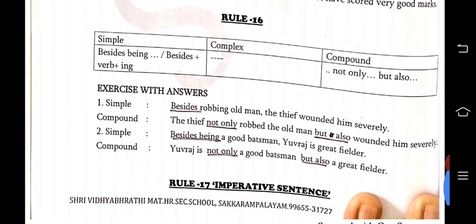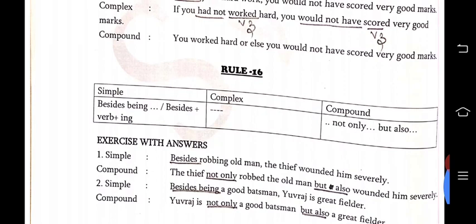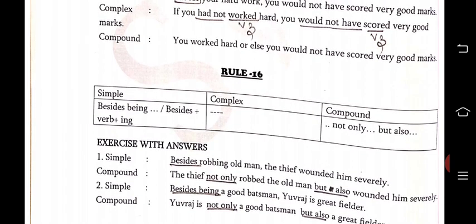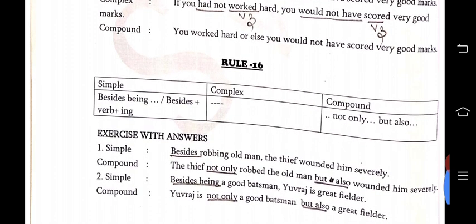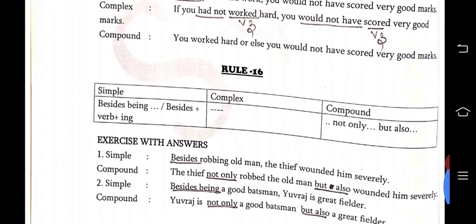besides. And then see in this sentence there is no complex thing used. Okay, in rule number 16. Why?